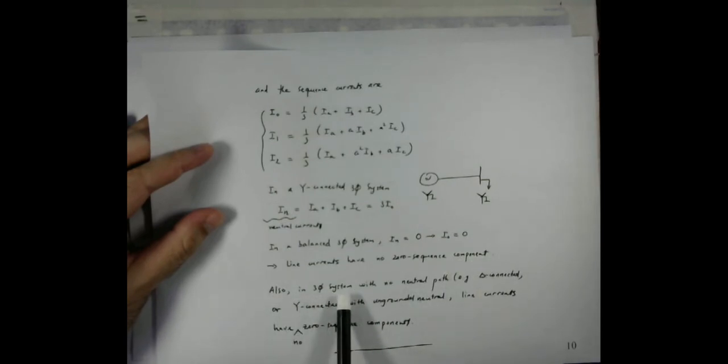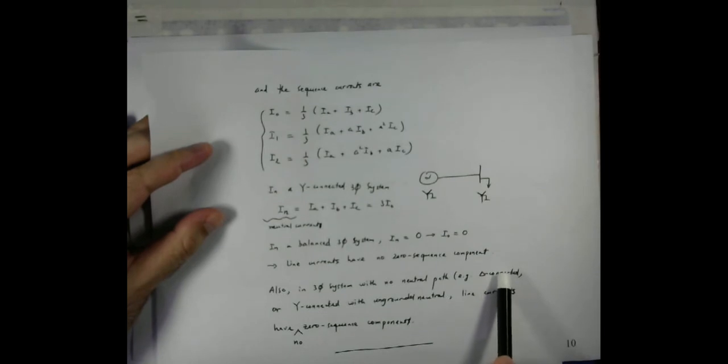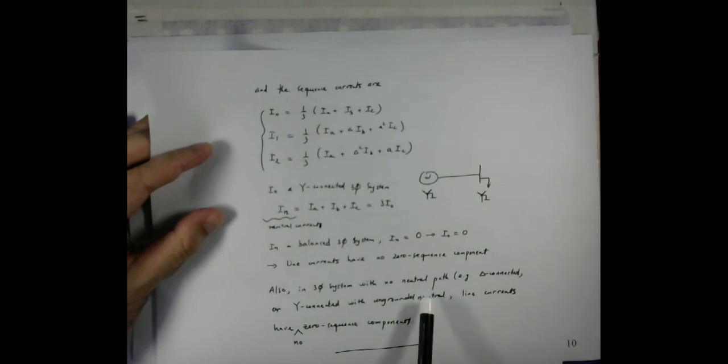Also, in a three phase system with no neutral path, for example a delta connected system or a Y connected system with ungrounded neutral, even in a Y connected load or source generator, if the neutral is not grounded, line currents may have no zero sequence component.